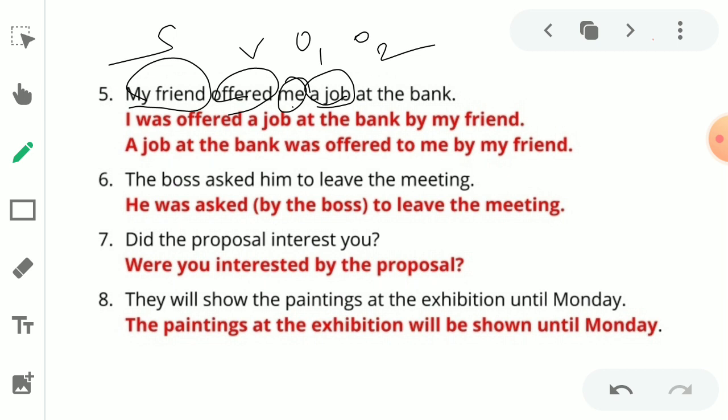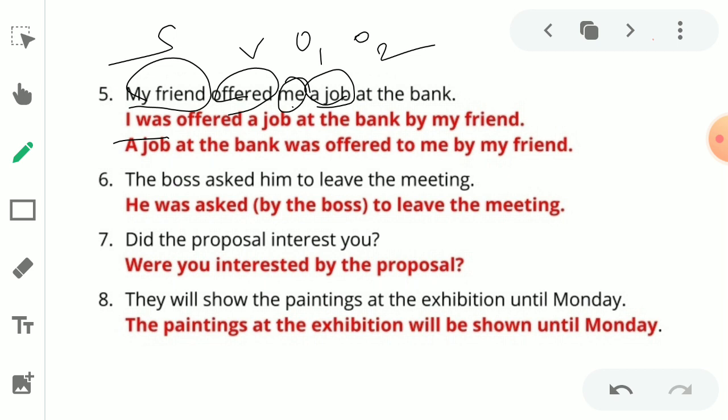Here me becomes I. I was, because of the tense: my friend offered, the given tense form is simple past, so I was. Here I is first person singular, as a result let me take was. I was offered. The V3 form of offer is offered. A job at the bank by my friend.